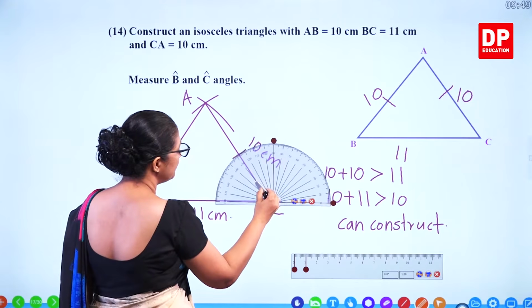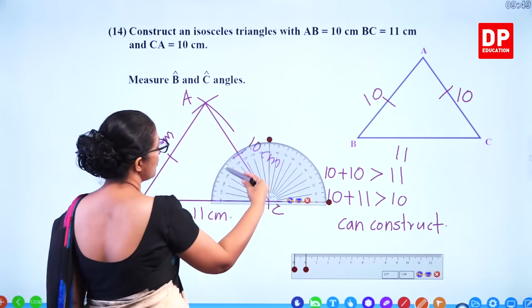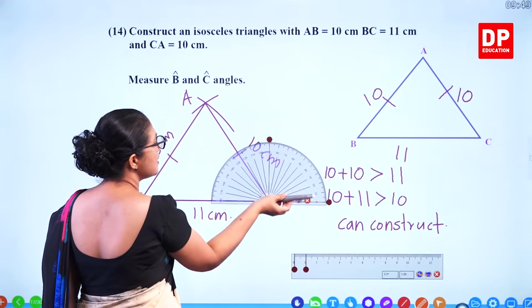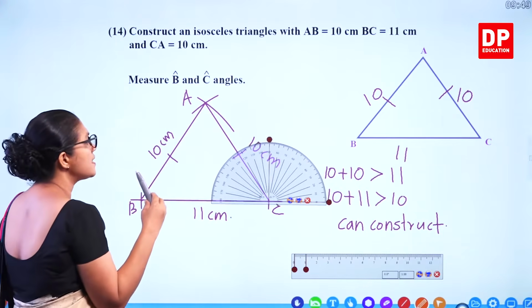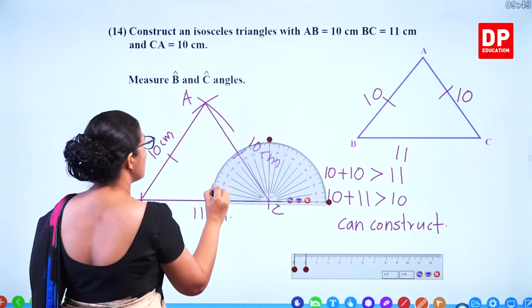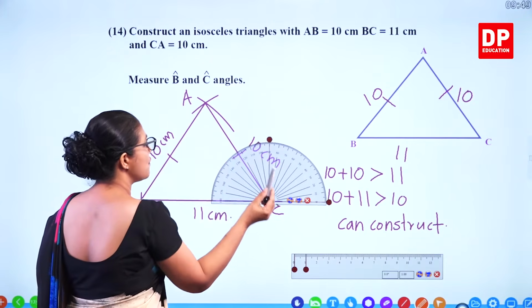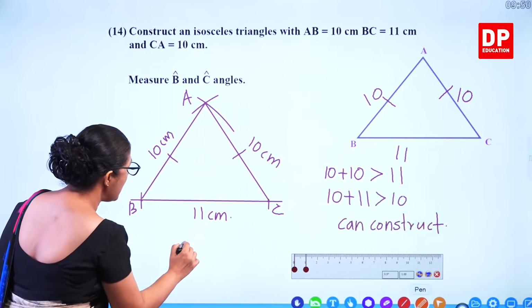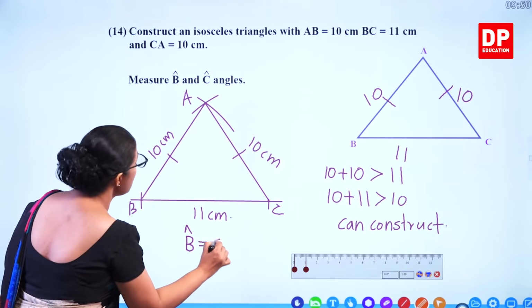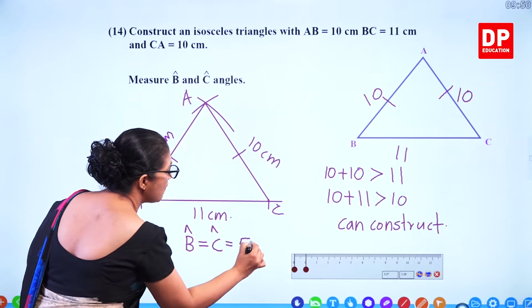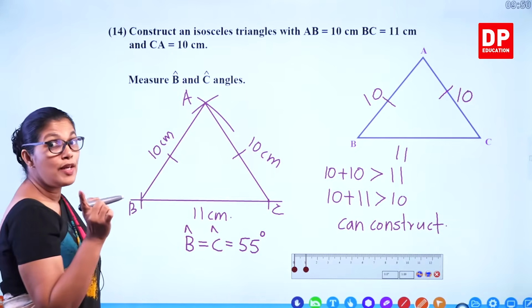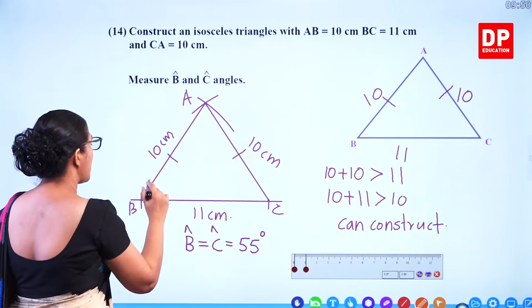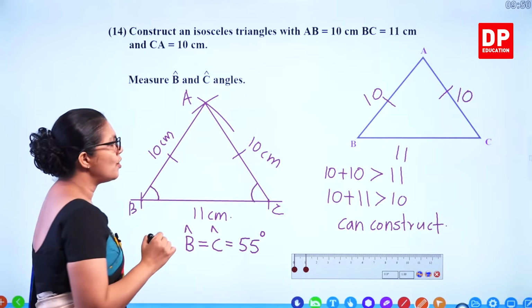And here also, on this side I get 125, which means this side is 55. 10, 20, 30, 40, 50, 55. So both angles are the same. We can write B angle is equal to C angle, that's 55 degrees. It's a property of an isosceles triangle: if two lengths are equal, the two angles are also equal.